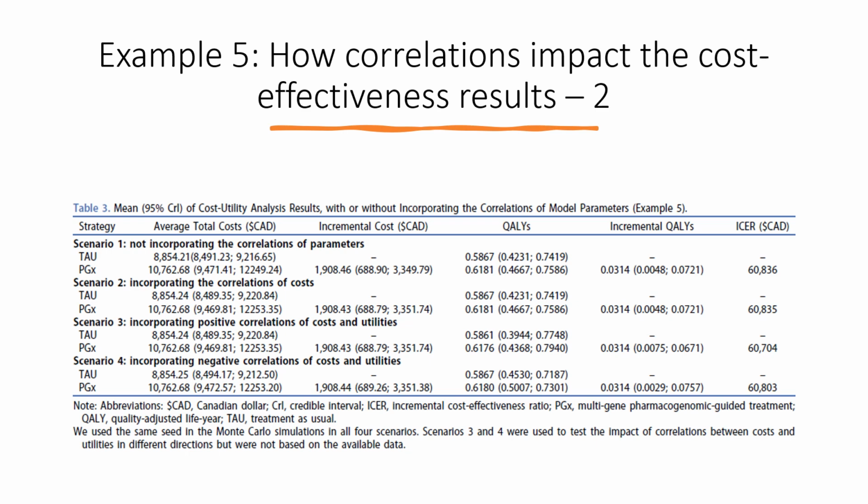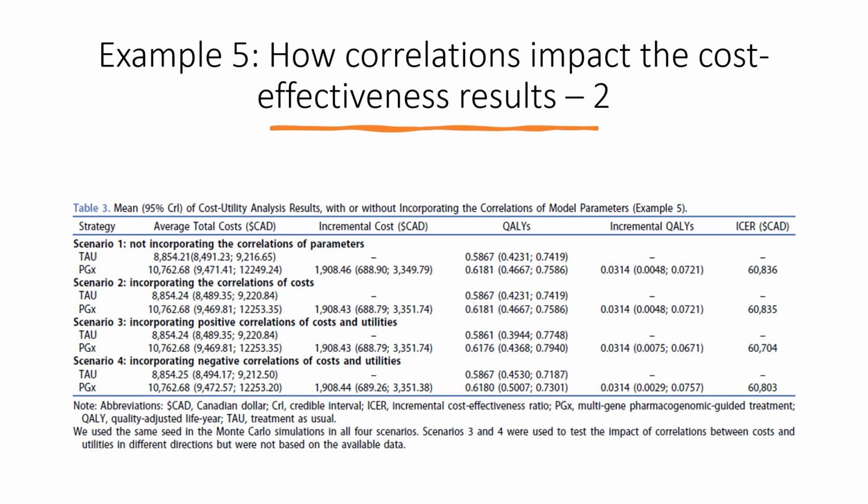The mean model estimates, total costs, incremental cost, QALY, incremental QALY and incremental cost-effectiveness ratios, were similar across all 4 scenarios. The 95% credible intervals for the costs of usual care and PGX, and the 95% credible interval for incremental cost in Scenario 2 were slightly wider than those in Scenario 1.